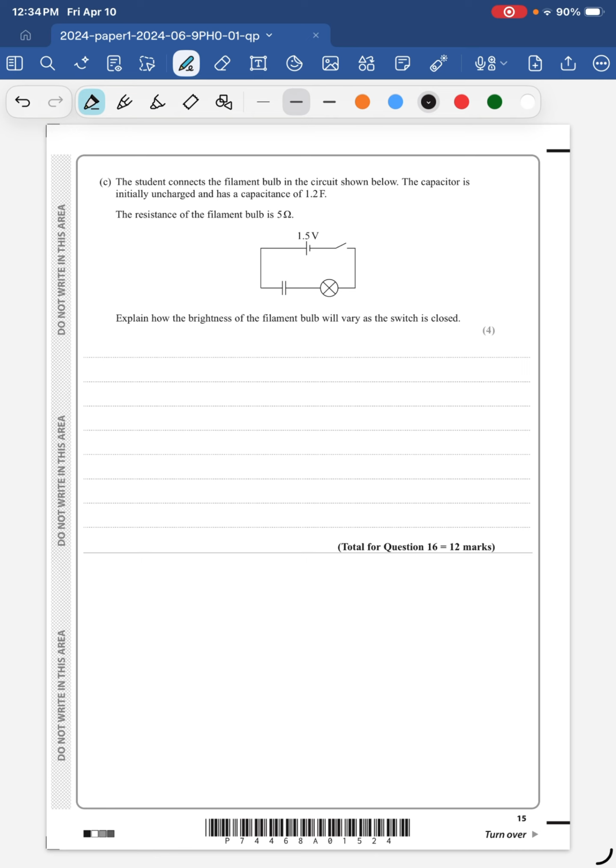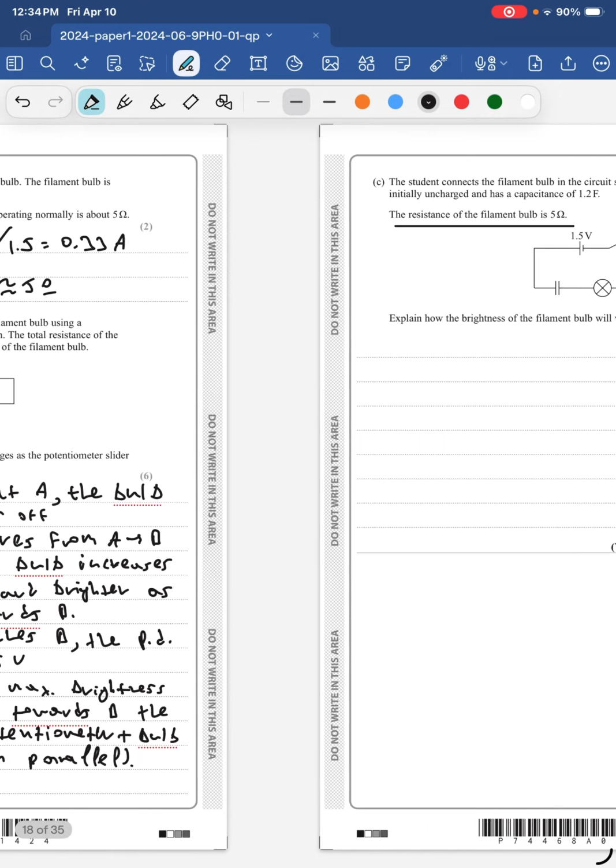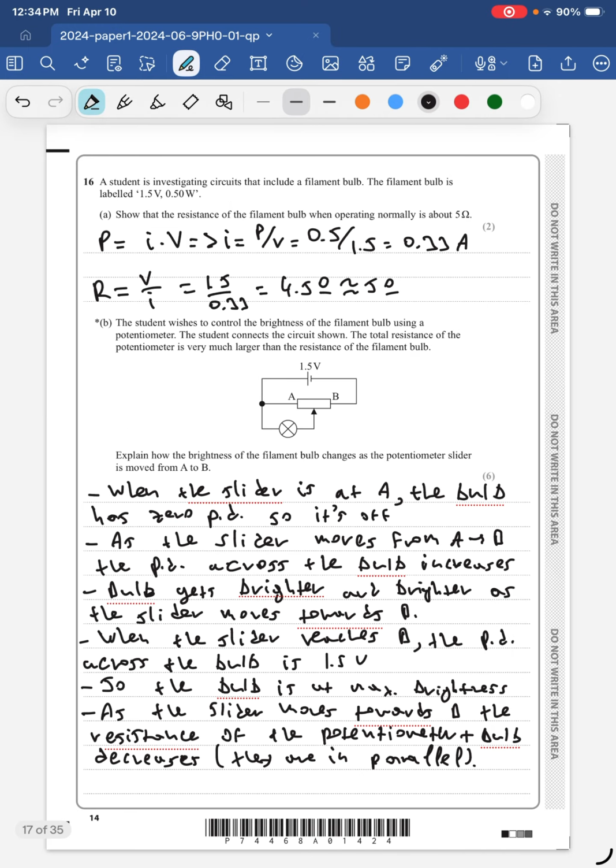By the way, I just thought about it. It wasn't planned in the script I have for this video, but I noticed that here they tell you that the resistance of the filament bulb is 5 ohms. This is what you need to answer in part A, where they tell you to show that the resistance is about 5 ohms.